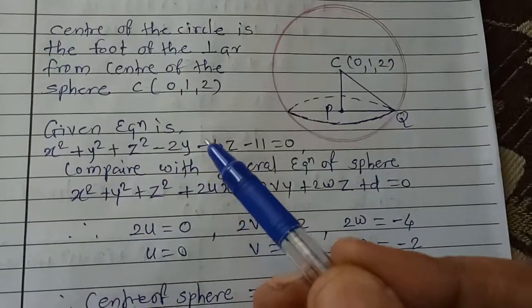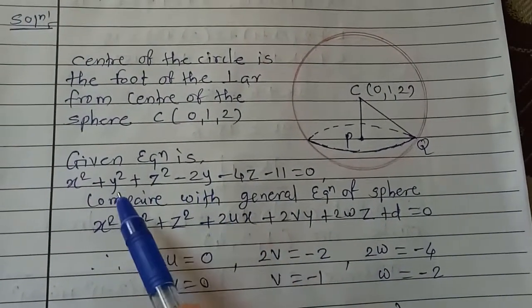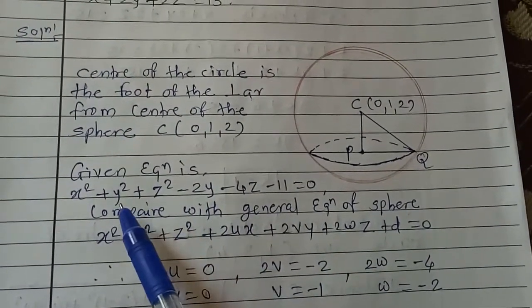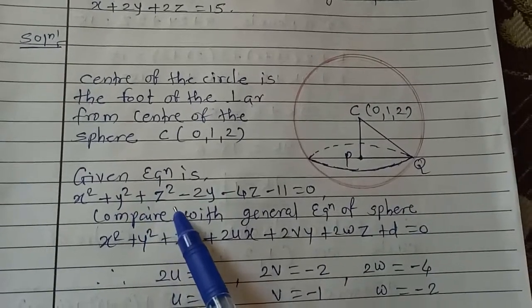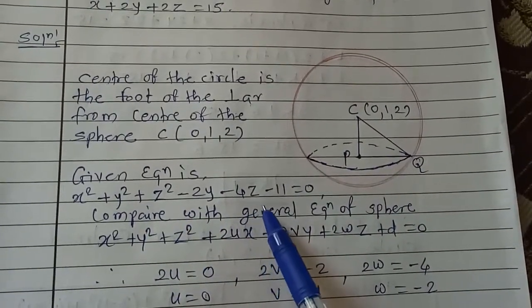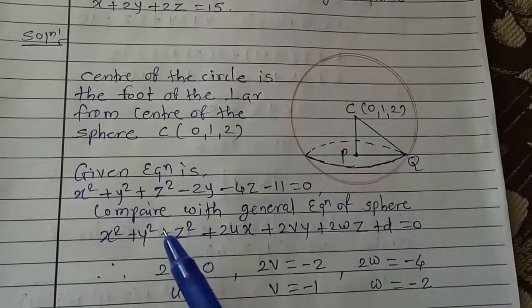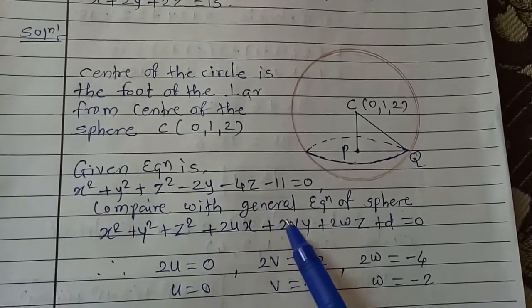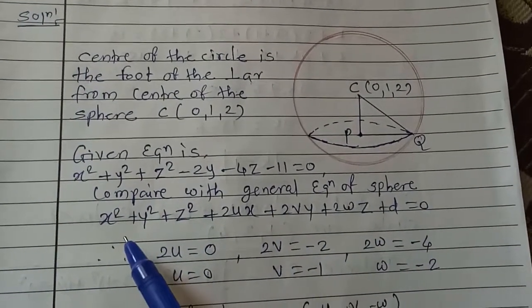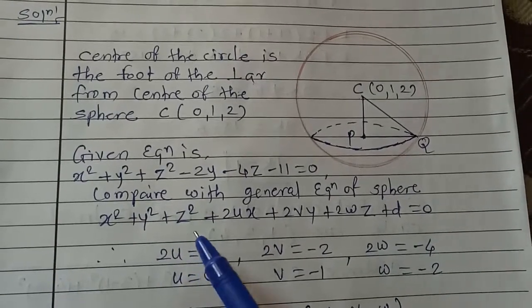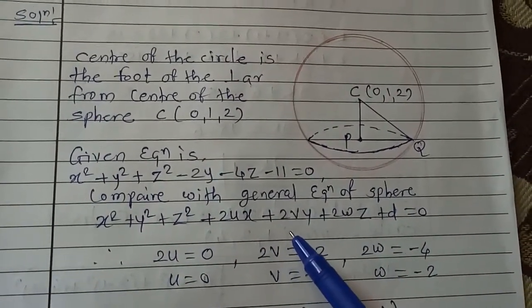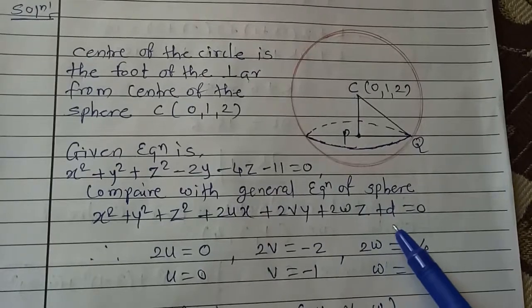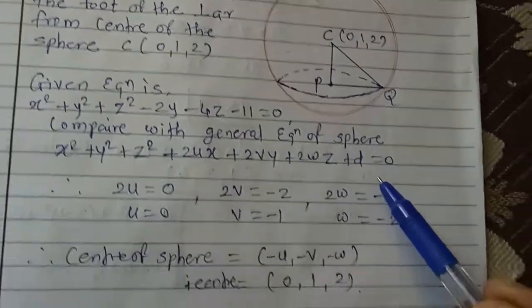The given equation of the sphere is x square plus y square plus z square minus 2y minus 4z minus 11 is equal to 0. We compare this equation with the general equation of a sphere, that is x square plus y square plus z square plus 2ux plus 2vy plus 2wz plus d is equal to 0.